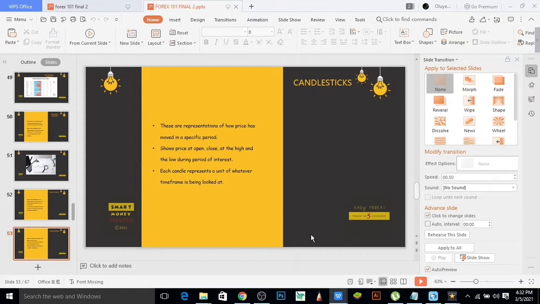So it shows price at open, close, at the high, and at the low during the period of interest. I'll explain what I mean by all that. Each candle represents a unit of whatever time frame is being looked at. So now, what does all this mean? I'll explain in a bit.